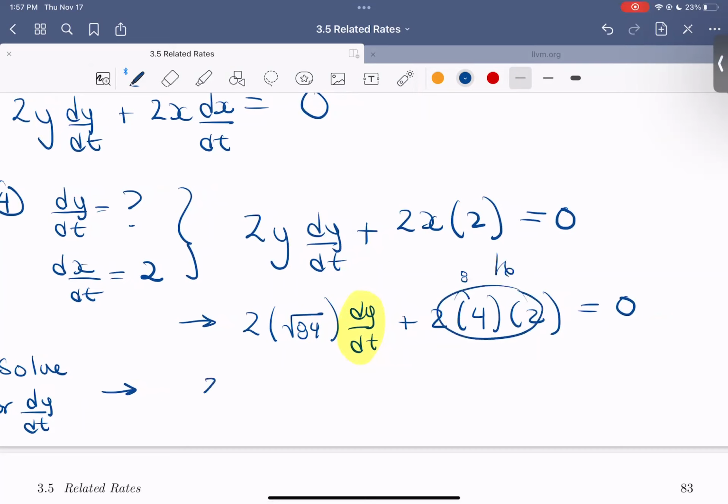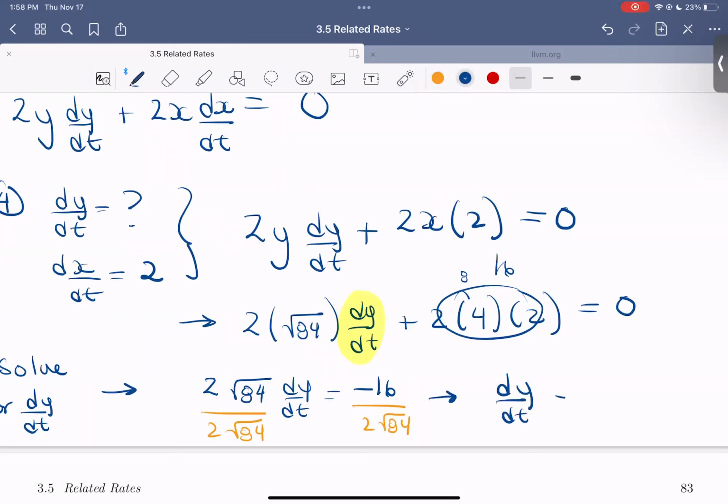So we subtract 16 from both sides, and we get 2 root 84 dy/dt equals minus 16. Now we divide both sides by that 2 root 84, and we see that dy/dt is then equal to negative 16 over 2 root 84.